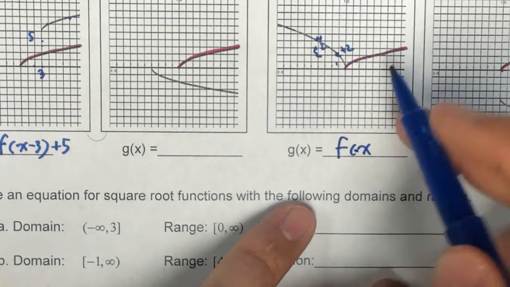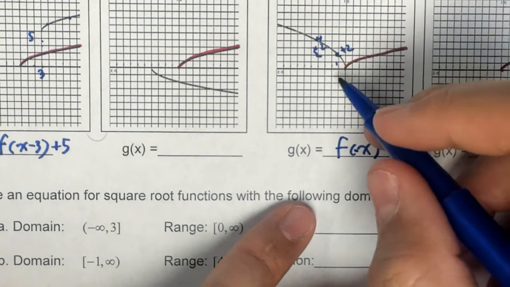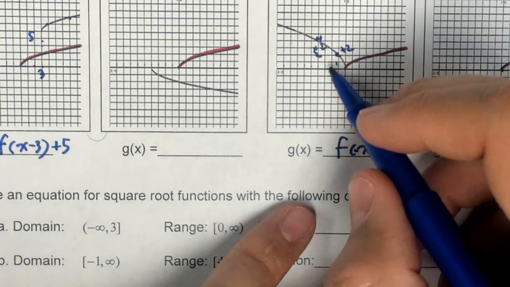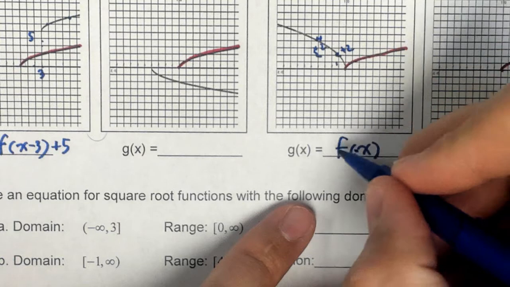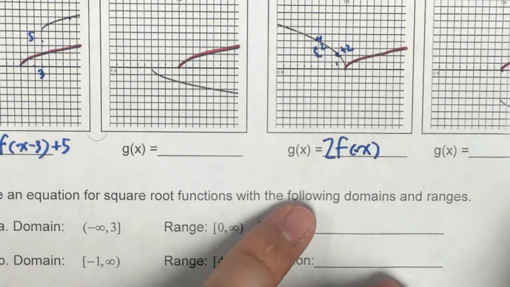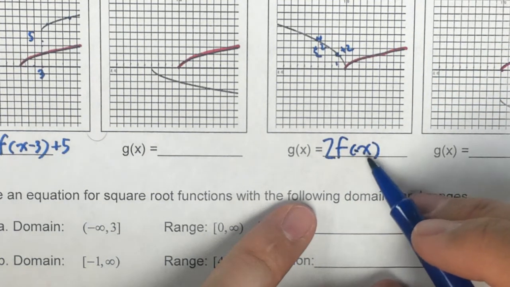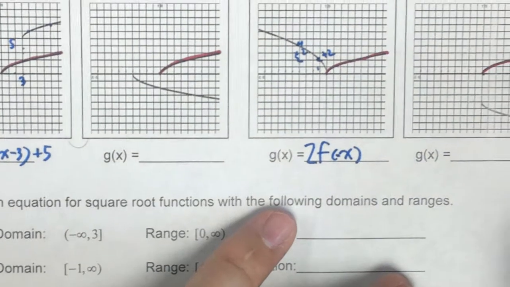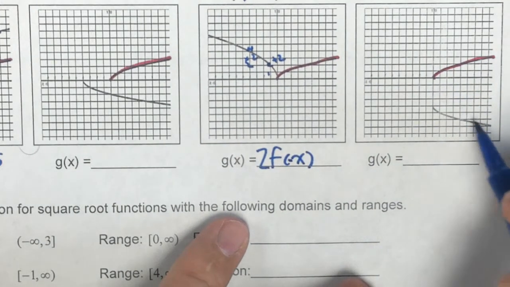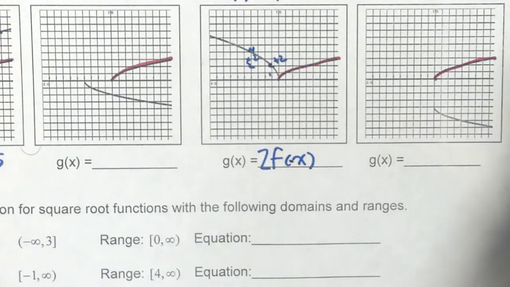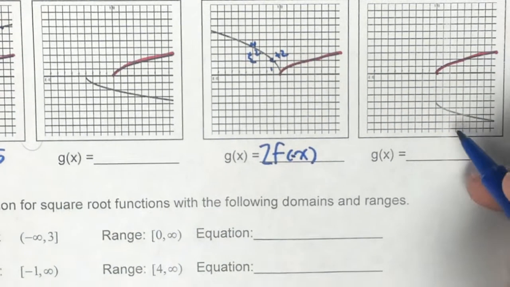Inside changes left and right, and outside we need this vertical stretch because it gets steeper. So 2 f of negative x. Here's another one. Doesn't look like there's any stretch or compression, but it is reflected somewhere and shifted.